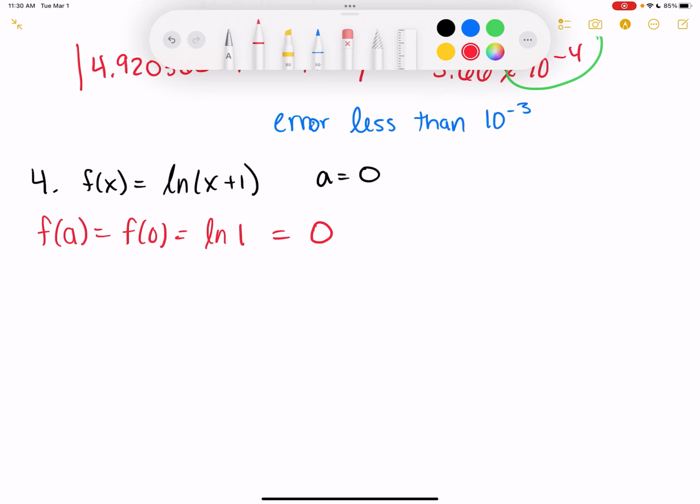Because e to the what gives you 1? I don't know how it works. I was gonna say 0, but then I was like, there's no way that's right. So then I said 1, and I was wrong. So what's the derivative of the ln of x plus 1?